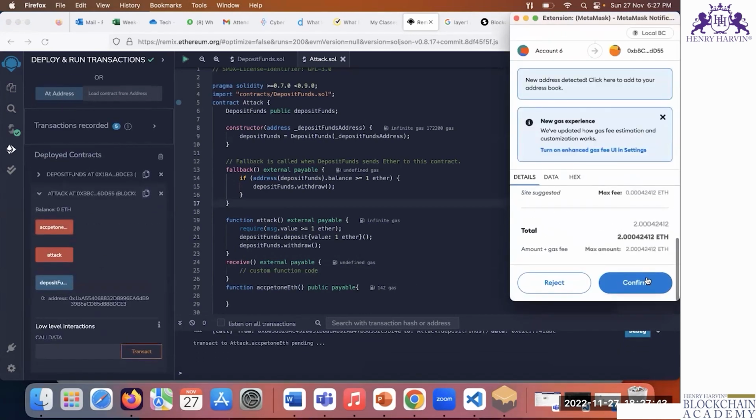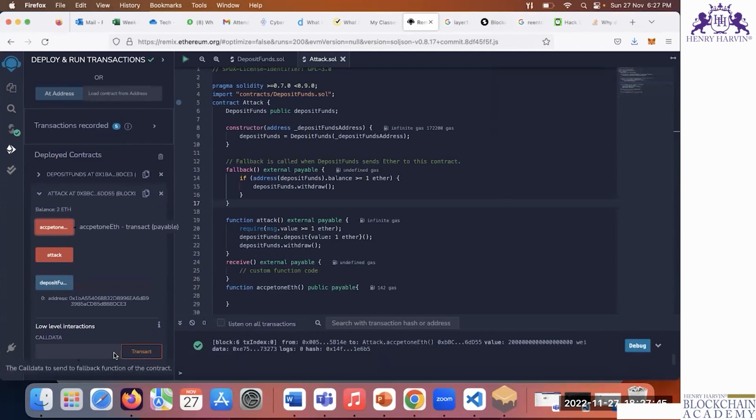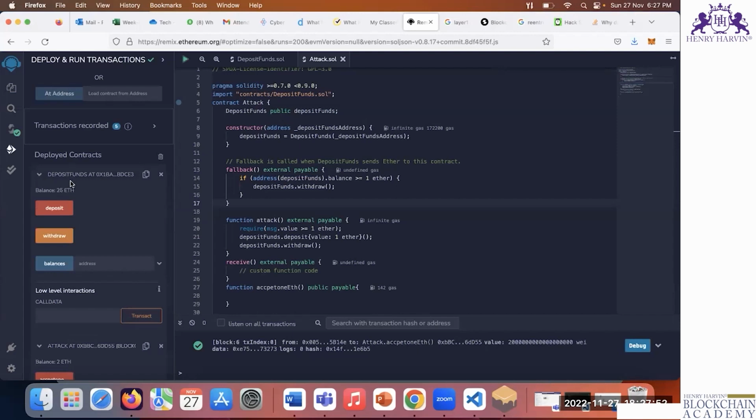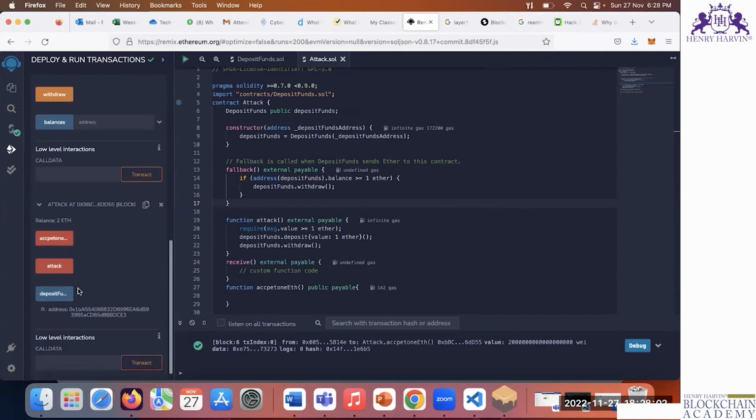Now the attacker smart contract has enough Ethereum, and our actual banking smart contract, the deposit fund, is already holding 25 Ethereum deposited by some public persons. The attacker created this smart contract.